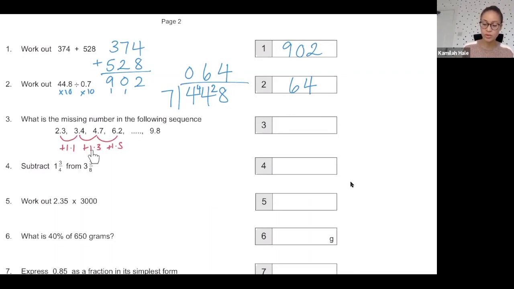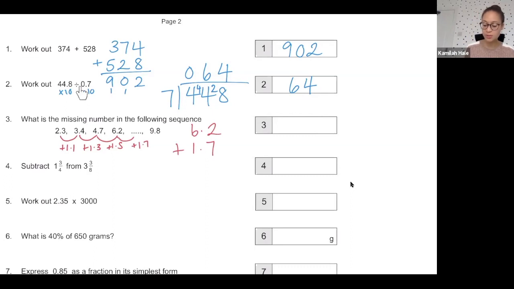From 1.1 to 1.3 to 1.5, what are we adding? 0.2, thank you. So if I add 0.2 to 1.5, I get plus 1.7. So you need to do 6.2 plus 1.7. Remember, when you're adding decimal numbers, you have to line up the decimal points in both.